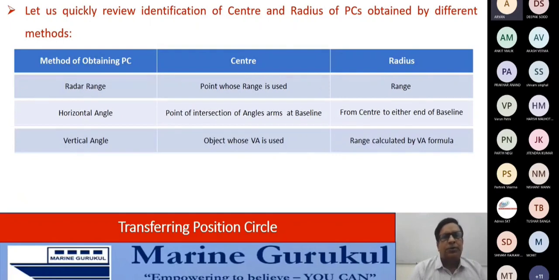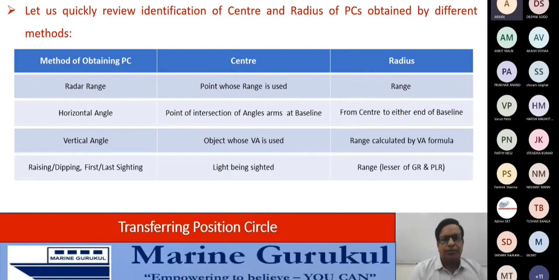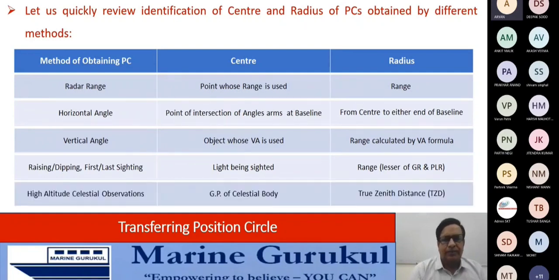Vertical angle: the object whose vertical angle has been measured is the center, and the range calculated by vertical angle formula that we learned under the position circles is the radius. Rising, dipping, first sighting, last sighting of the lights: the center is the light being sighted. And the sighting range, which is the lesser of the geographical range and the luminous range, constitutes the radius.